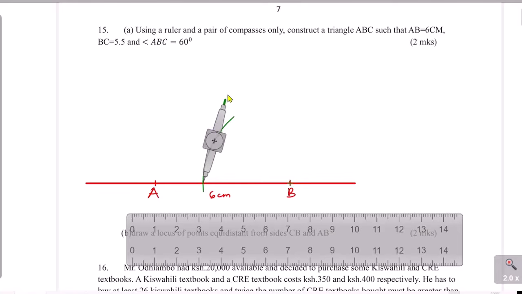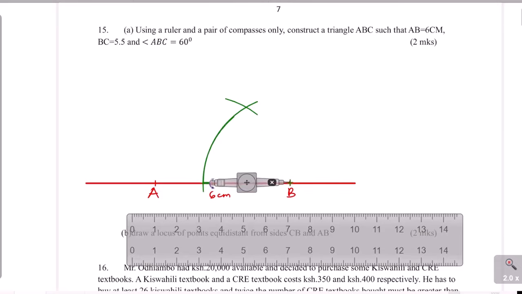I need to have made a big arc. So I'll go back to that point. So I need to extend that arc. So that is the arc.